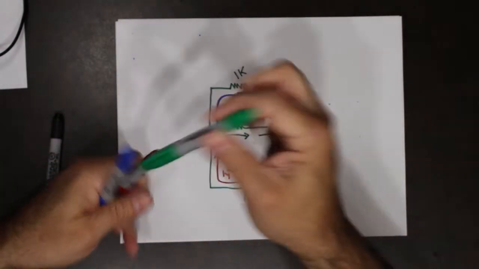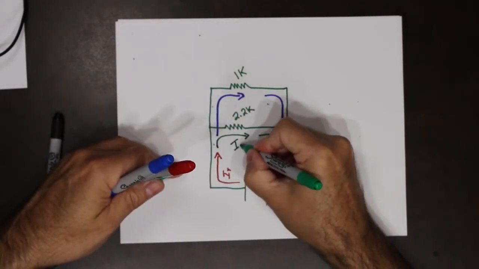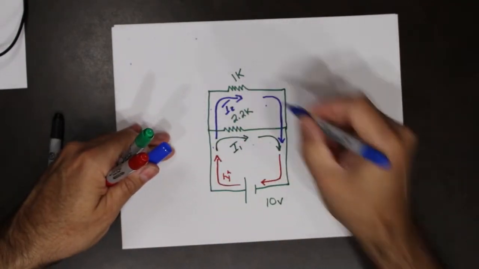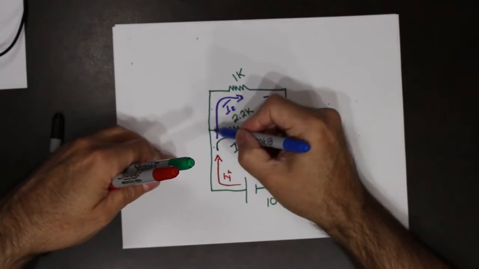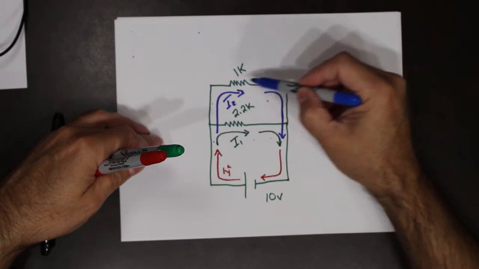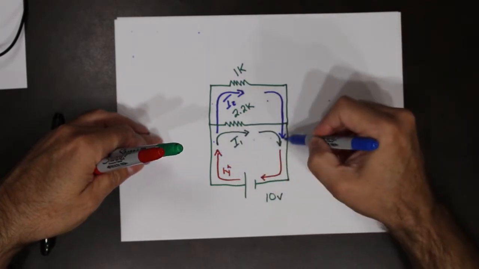So, if we looked at it, we could say that this is I1 and this is I2. So the current splits and divides, and some goes this path and some goes this path.